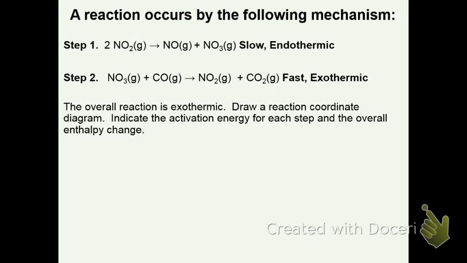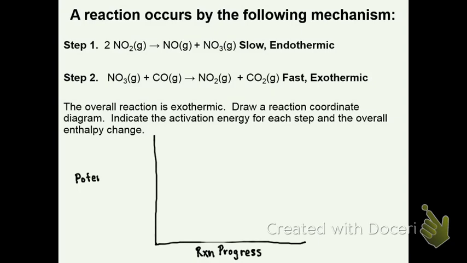So in the reaction coordinate diagram, if you recall, we plot the reaction progress versus the potential energy. We know that the overall reaction is exothermic, so that means that energy is released in the course of the reaction, and so the reactants must be higher energy than the products.